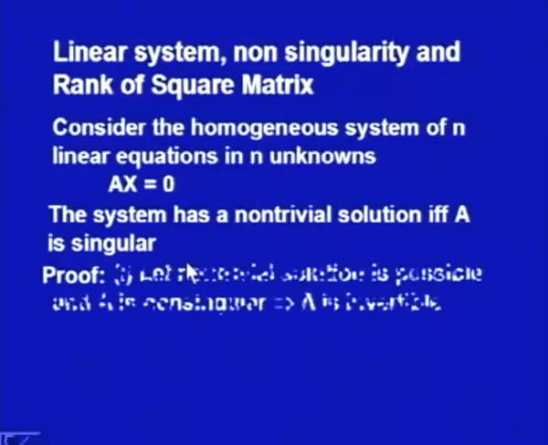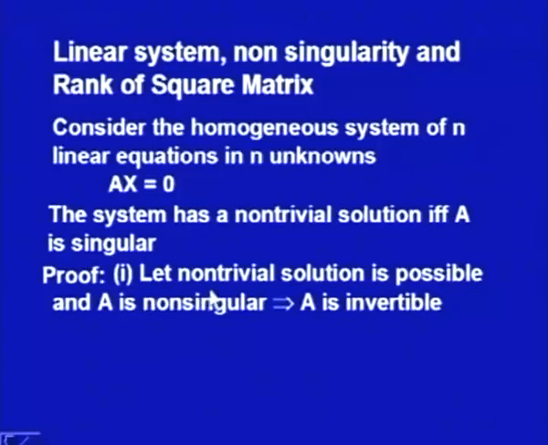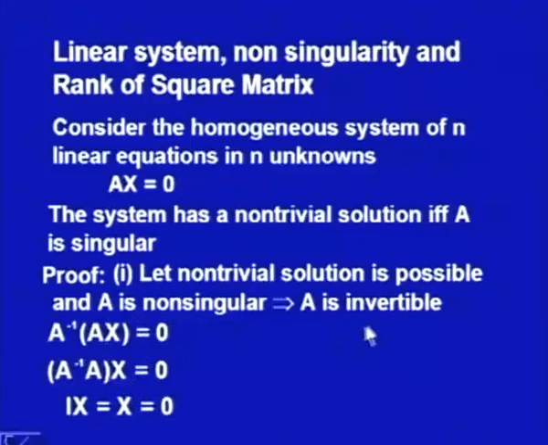To prove this, we first assume that a non-trivial solution is possible for the system and A is non-singular, and since A is non-singular, A is invertible. Since A is invertible, we can multiply by A inverse.